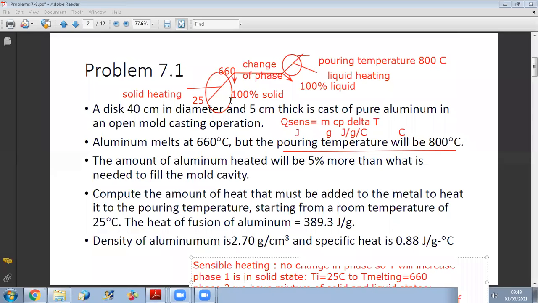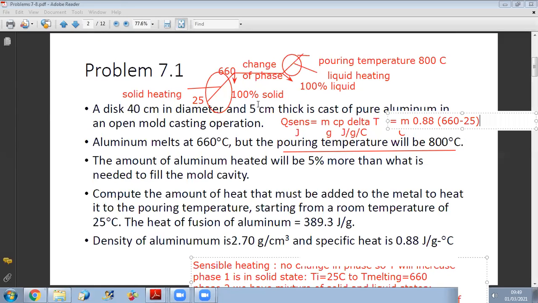So here in the first phase, in solid heating, delta T is equal to 660 minus 25. So this is equal to M, which is calculated, times Cp, which is 0.88, times delta T, which is 660 minus 25. So this is the sensible solid heating.